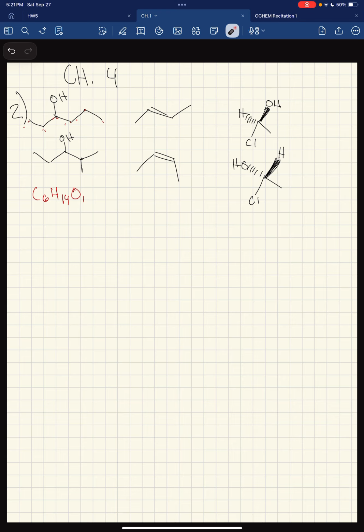Stereoisomers have the same connectivity, but different spatial arrangement of their atoms, as you can see right here. Same exact atoms, same exact molecular formula, same connectivity, same substituents are bonded to this carbon, but they have a different spatial arrangement. Geometric isomers are a type of isomer that have the same connectivity but differ in their spatial arrangement of atoms around a rigid bond.